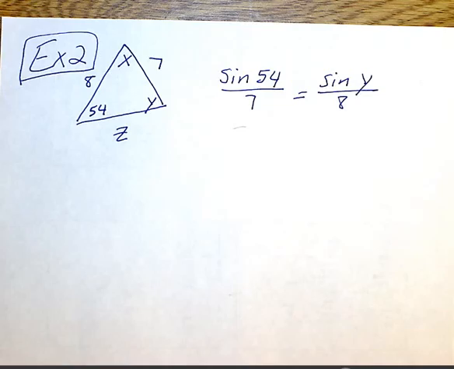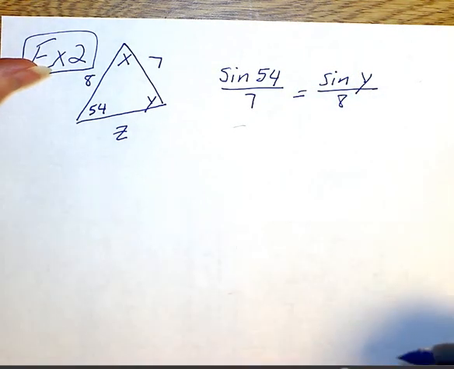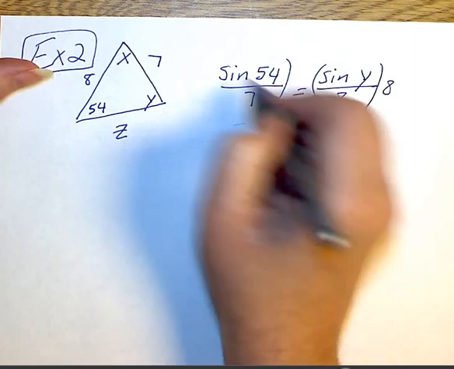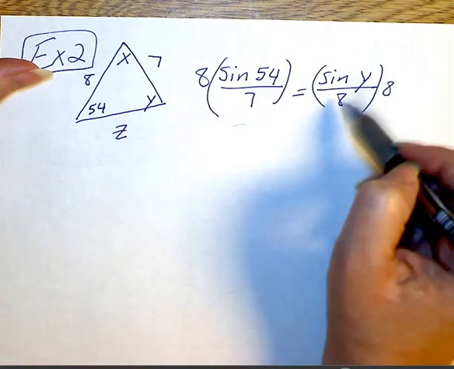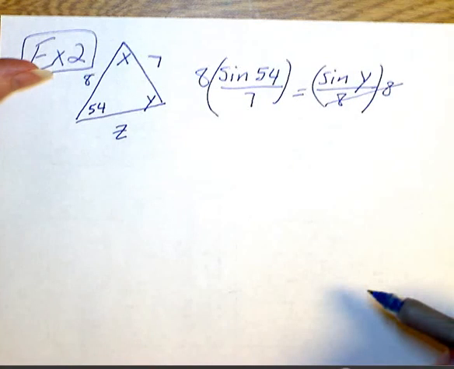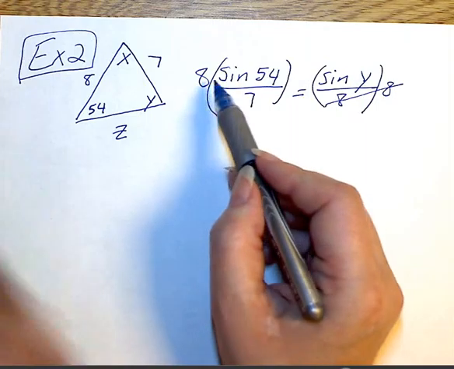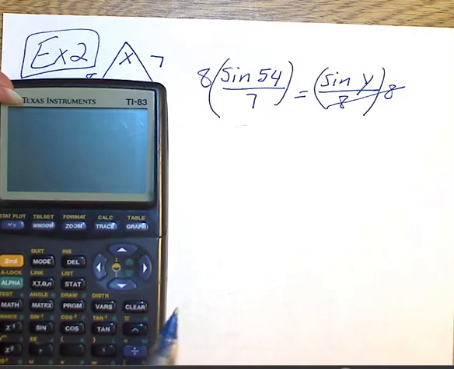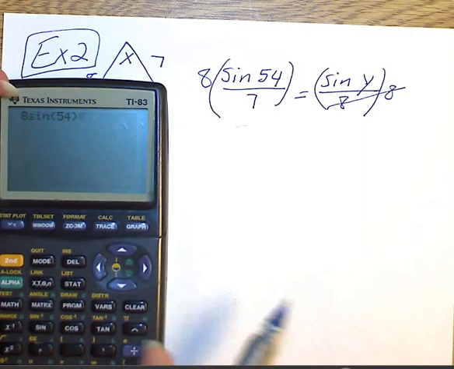Alright, how do we want to get sine Y by itself? So what are we going to do? You can multiply by 8, or you can cross multiply. Either one, you'll get the same answer. So because we only have to get rid of the 8, I'm just going to multiply both sides by 8. So in your calculator, go and put 8 sine 54 divided by 7.